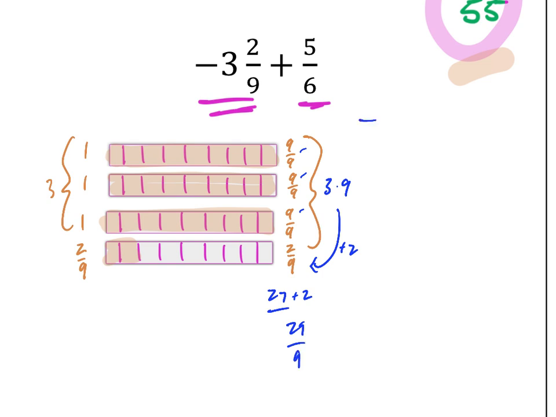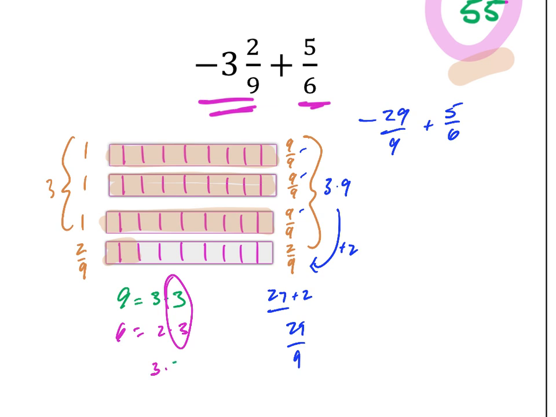So we're going to say this is negative 29 ninths plus 5/6. Okay, now what we have to do is figure out the least common multiple between those. So if I look at 9 is 3 times 3, and 6 is 2 times 3. What do they have in common? They have the 3 in common. What's left over?